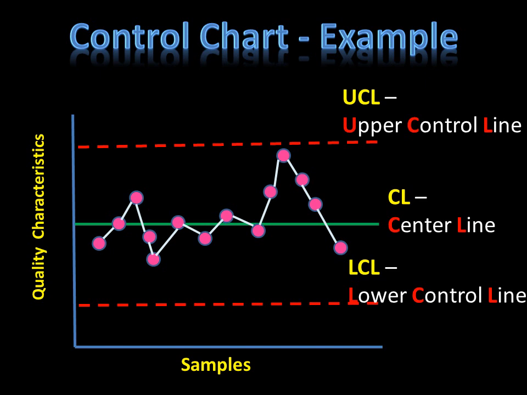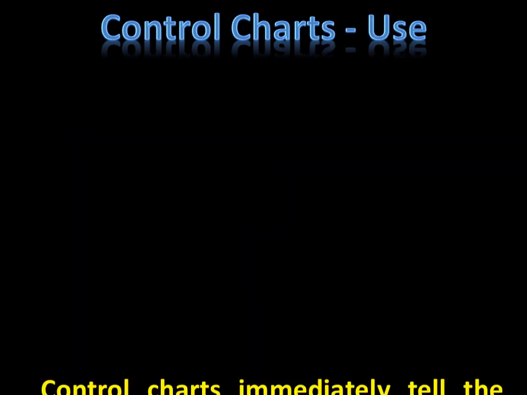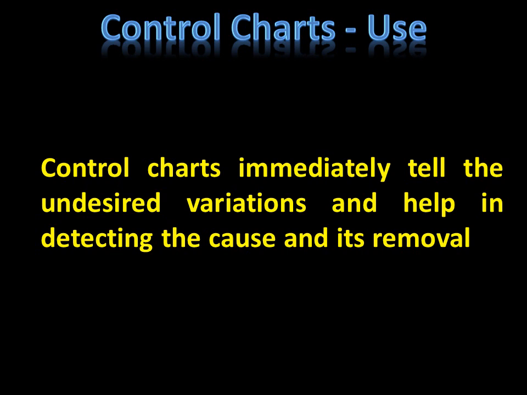In this example, all the points are within UCL and LCL. Hence, one can decide quality is satisfactory. Control charts immediately tell the undesired variations and help in detecting the cause and its removal. Control charts are mainly used to detect variations from the set standards and to take necessary corrective actions.